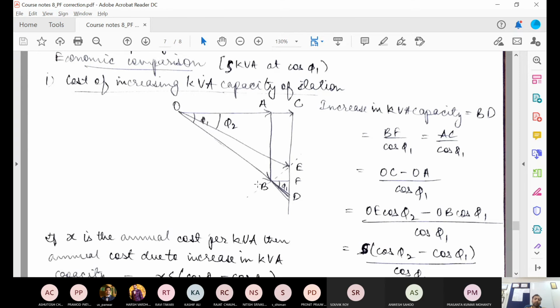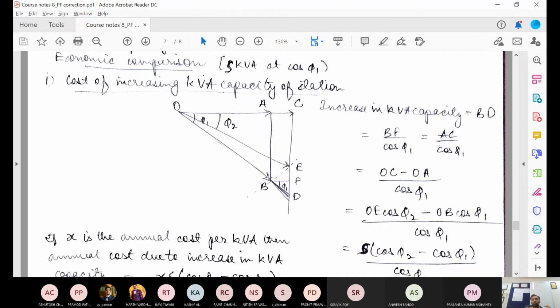Now there are two options. One is that you keep the kVA rating the same and improve the power factor. That is what is shown here as this arc. With the same OB, you improve the power factor from phi 1 to phi 2, so OB is equal to OE, like an arc with the same radius.